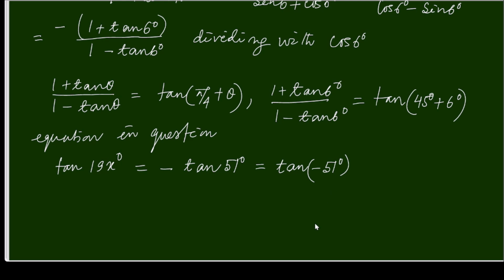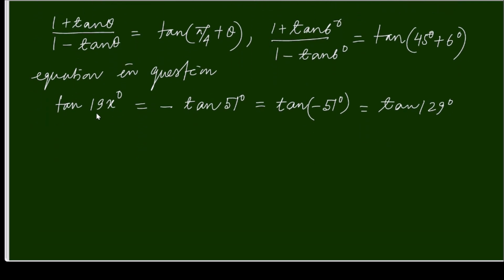I need to make it positive, so I'll add pi, because pi is the period of the tan function, or I can write 180 minus 51, that will be 129. So tan 19x degree equals tan 129 degree.